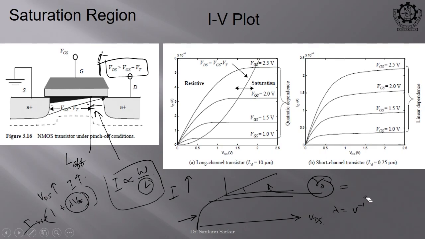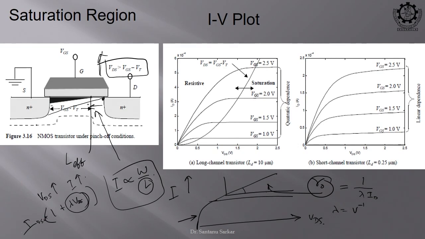Okay. So, if the unit of lambda is V inverse, can you tell me what should be the r naught? If we give 1 by lambda, this is 1 by V, V will go up and we multiply it with only I D. Clear?